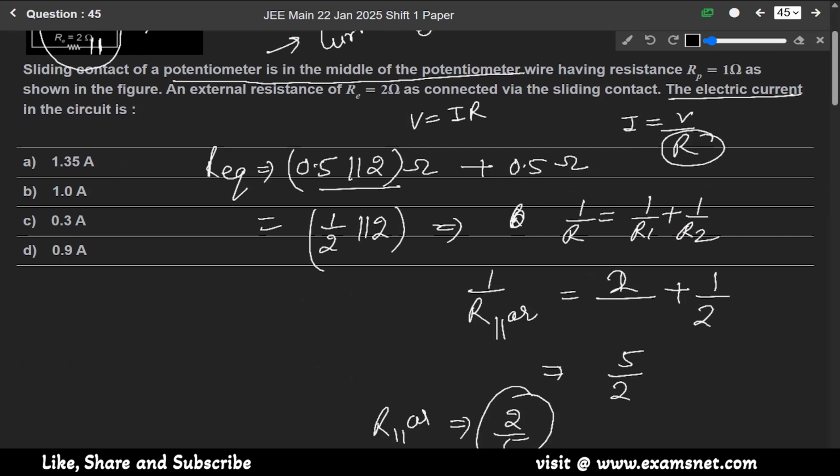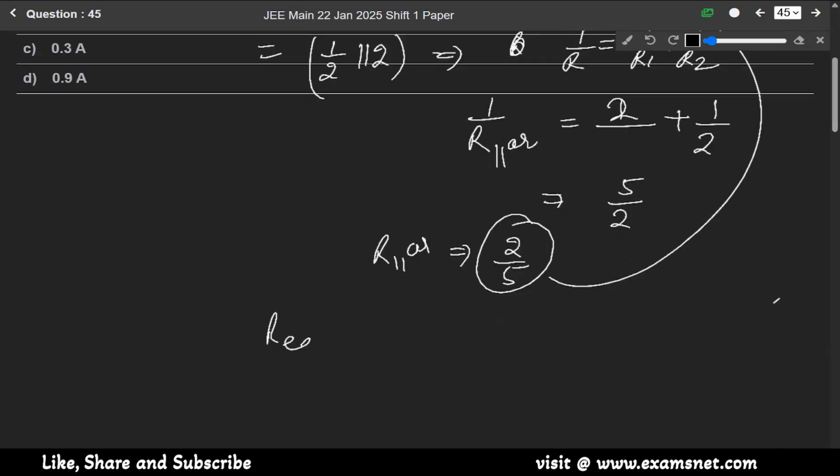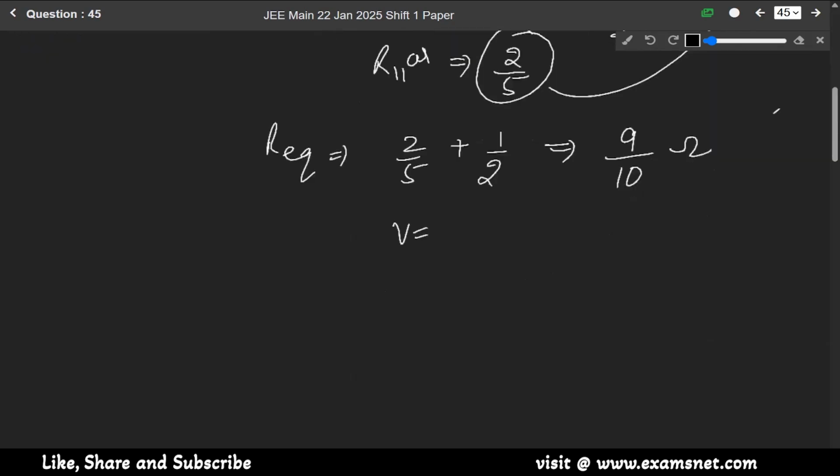Okay. Now this is in series with this 0.5. So R equivalent will be equals to 2 by 5 plus 0.5, means again 1 by 2. So it will be equals to 9 over 10 ohm. Now from Ohm's law, V equals to IR.